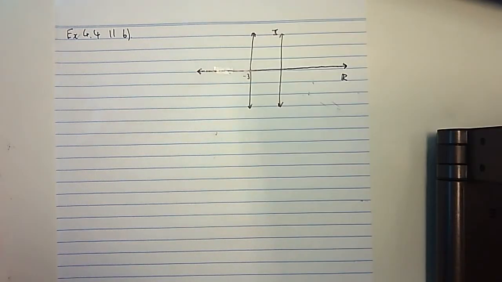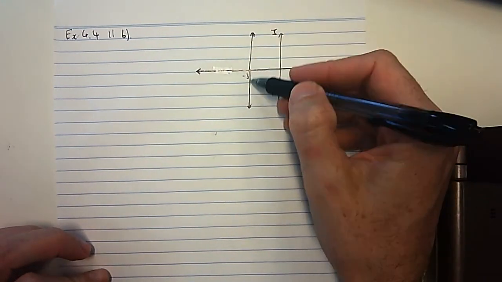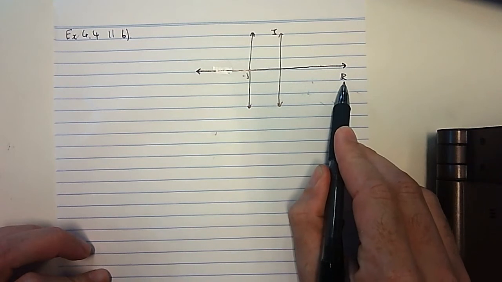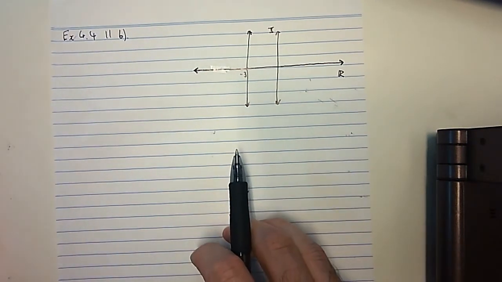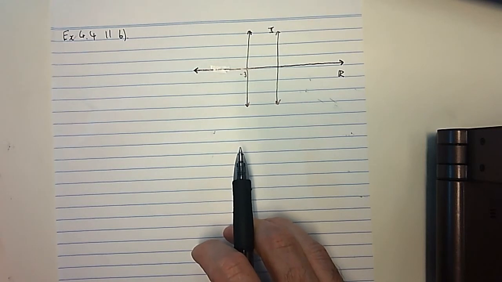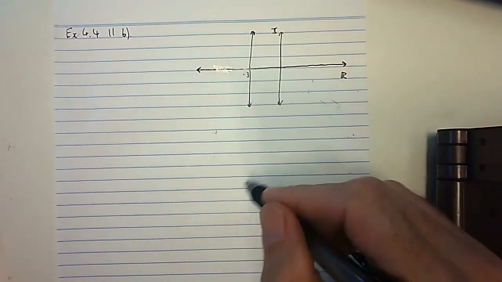I'm just having a look at exercise 4.4, question 11b, where it's got graphed this line that goes through -3 on the real axis. It's saying that we need to determine the subsets of the complex plane that make the following graphs. So we just need an equation in terms of z to represent this line.